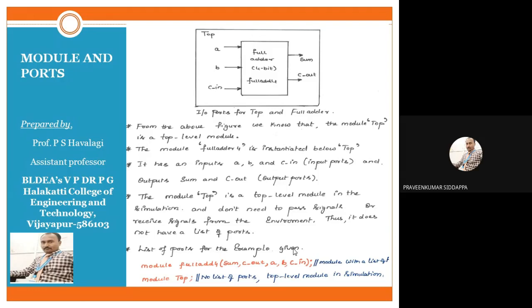Because of that, we have written A, B and C as inputs. These are the input ports, and two are the output ports, which we have called sum and C out. The model top is a top-level model in the simulation and does not need to pass signals to or receive signals from the environment. Thus, it does not have a list of ports.